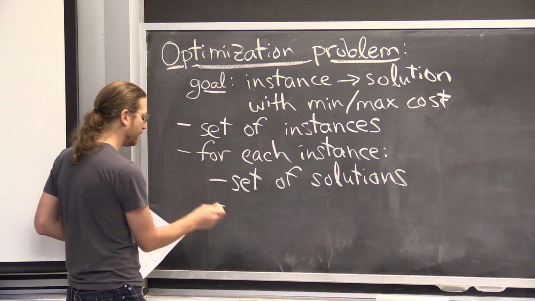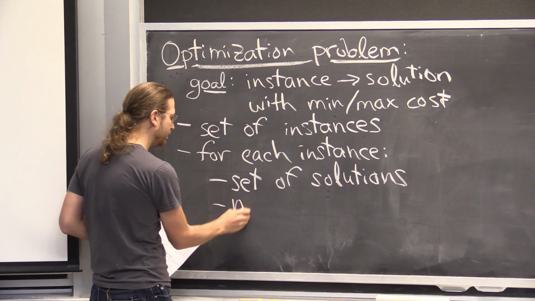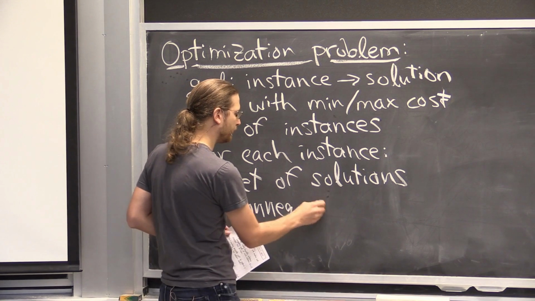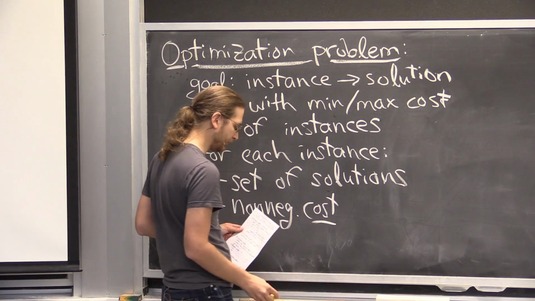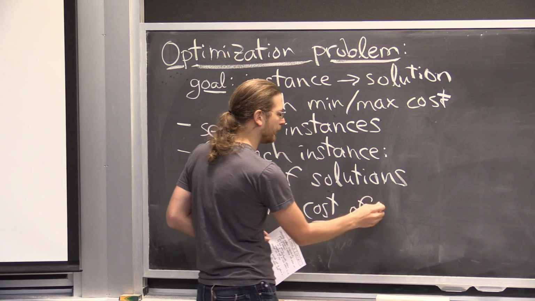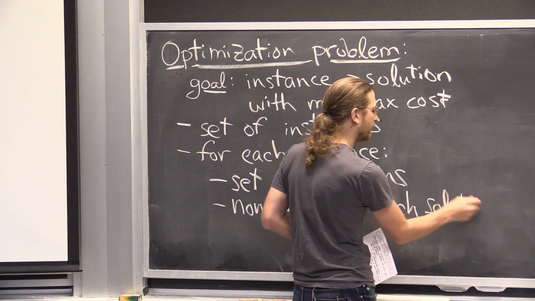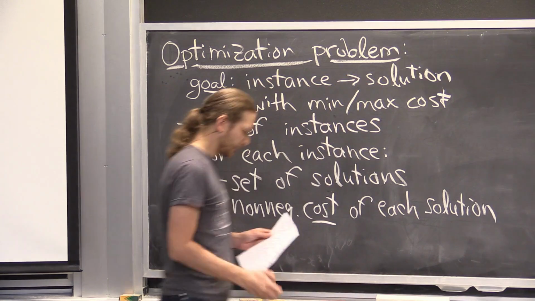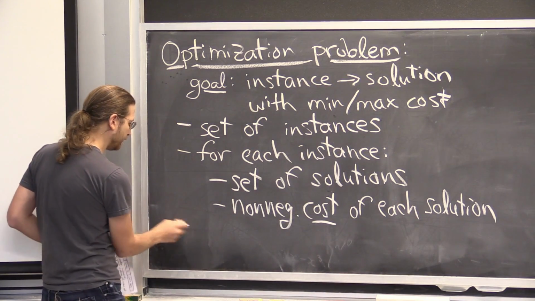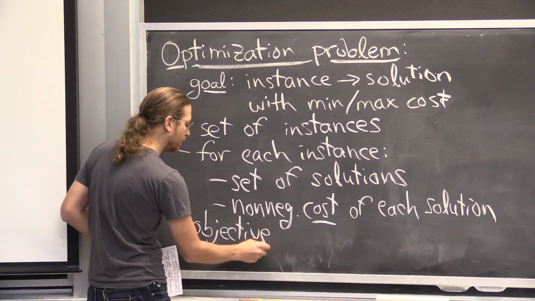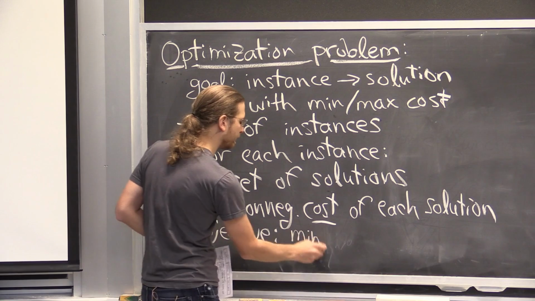Those are the allowable outputs to that problem. And then for each of those solutions, we're going to define some cost. I will assume that they are non-negative, so I don't have to worry about signs. And then you're also given what's usually called the objective, which is either min or max.